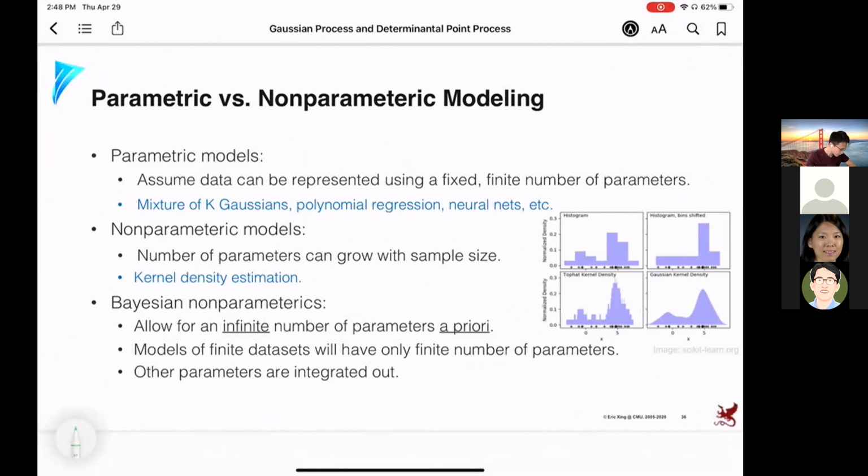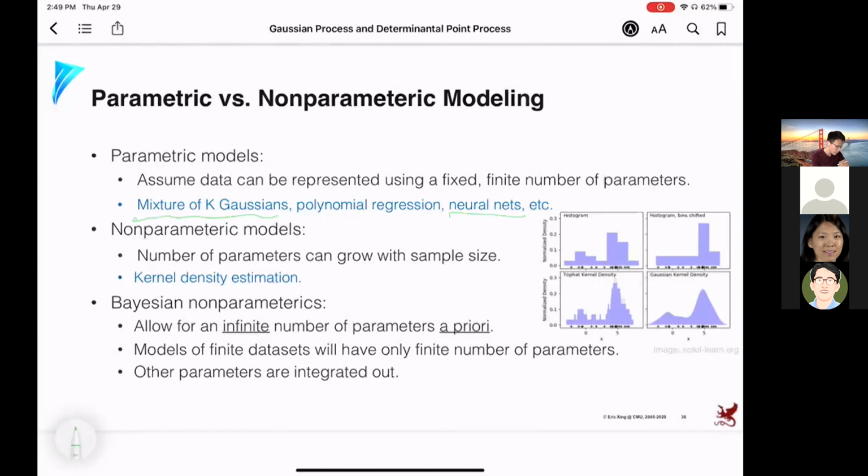what's going on. The parametric models is what we deal with every day. Most likely all the models, like maybe a mixture model of Gaussians, neural networks, these things are all parametric models. You make some assumption about your data distribution, you specify some parameters there, and then you compute your parameters based on the data you observed. A non-parametric model is somehow different. In this case, we actually don't have a fixed number of parameters.